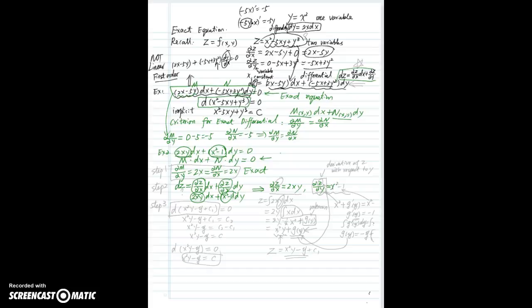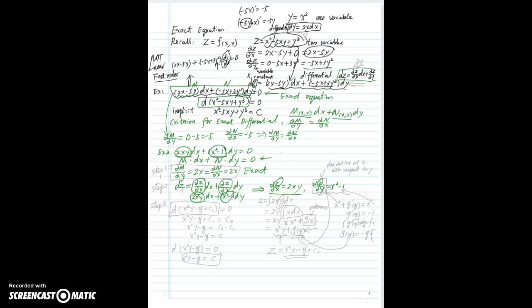Because with respect to x, any function of y is considered a constant. It's different from a one variable function. Because when we take the derivative, if it only has y, the derivative will be 0. So it's like a constant with respect to x. That's why we have a function g of y instead of just a constant c.